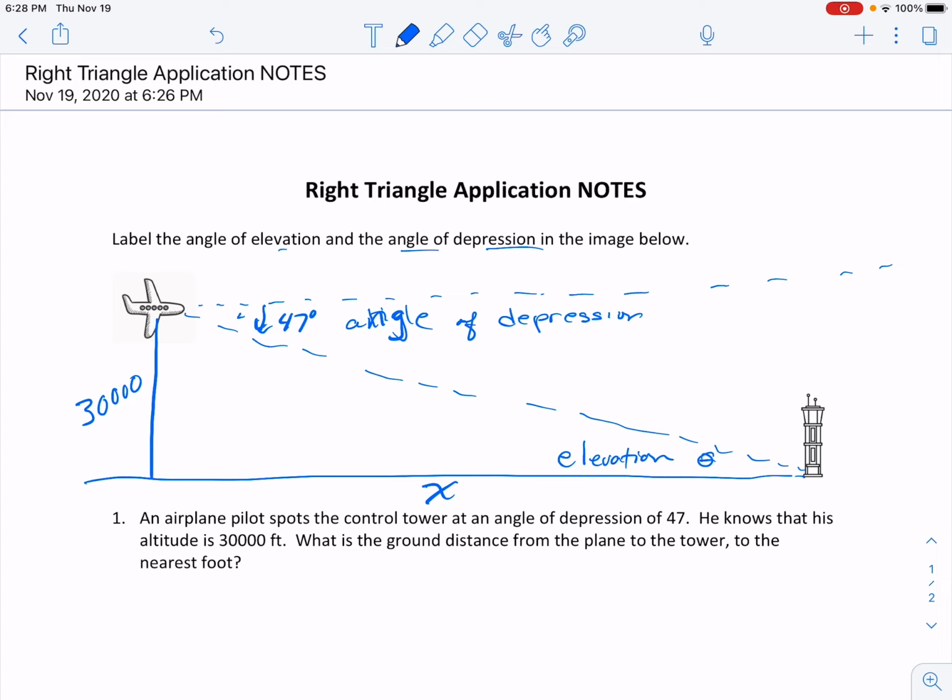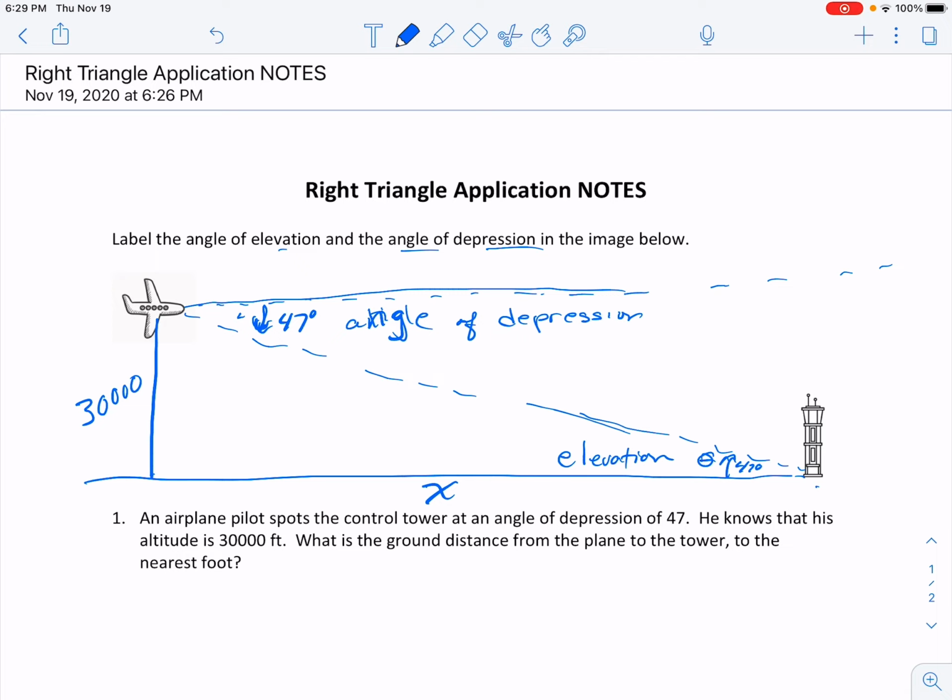Okay, now remember, think back to geometry and you have parallel lines cut by a diagonal. These are alternate interior angles. Okay, so if this is 47 degrees, this is 47 degrees.